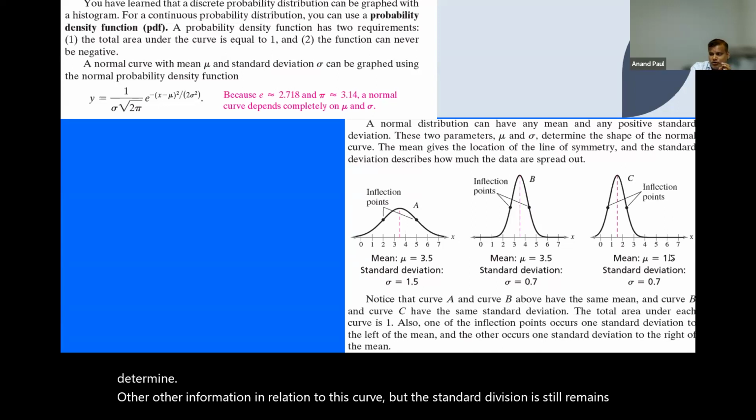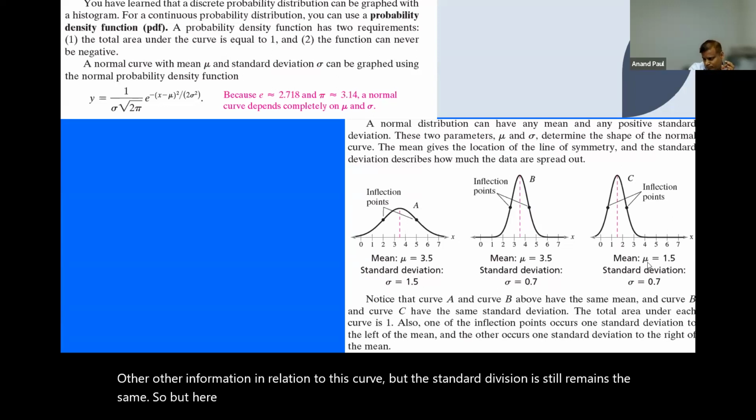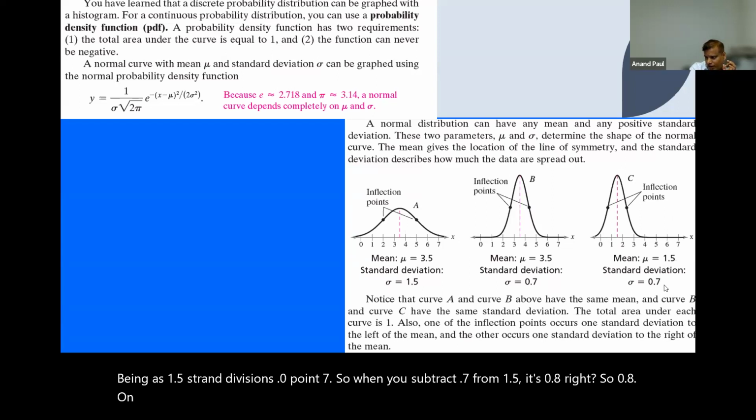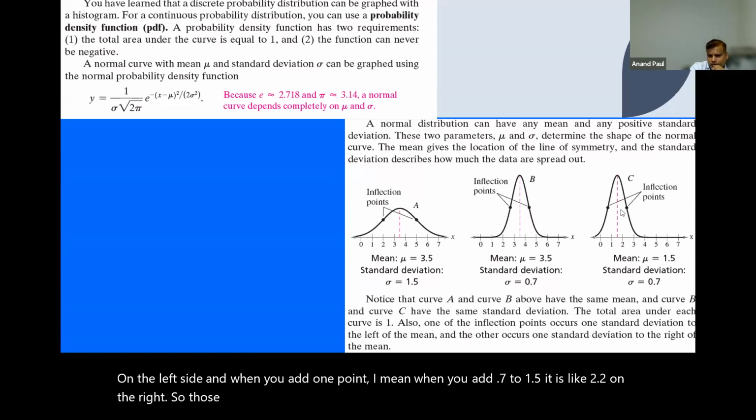When you subtract 0.7 from 1.5, it's 0.8 on the left side, and when you add 0.7 to 1.5, it is 2.2 on the right. So those are the inflection points. It doesn't change the curve, but the location within this graph is moved.